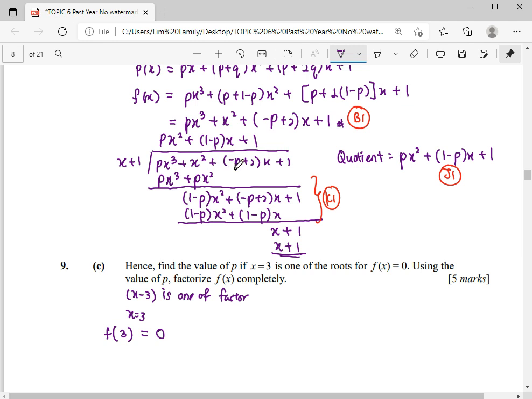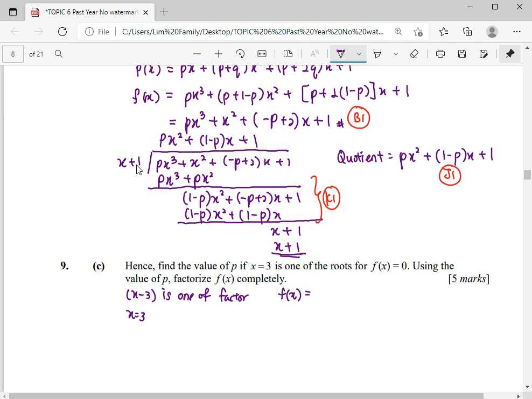Or in other words, if you don't want to find it from here, we can also find it from here, because you can see this is one of the factors. Let me show you before I substitute here.